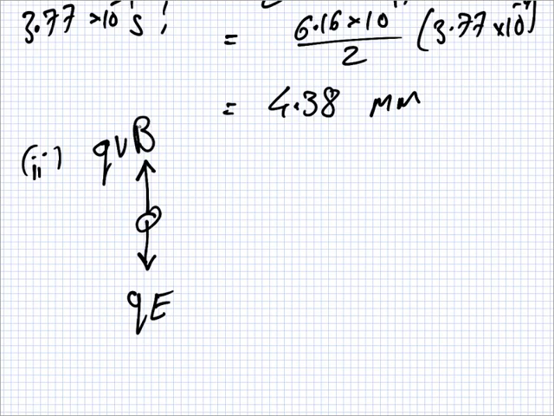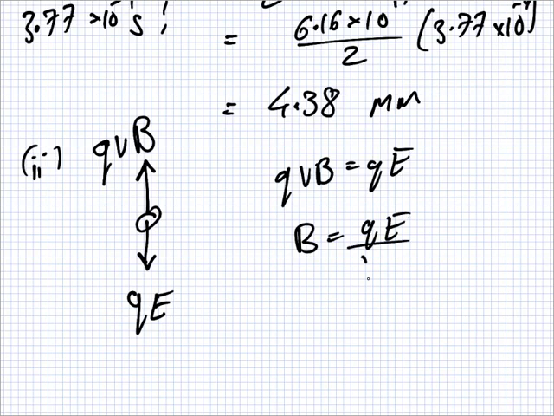They want to know what the B is. So we have QvB equals QE. So B equals QE over the velocity. Sorry, not the voltage, velocity. Q cancels out.